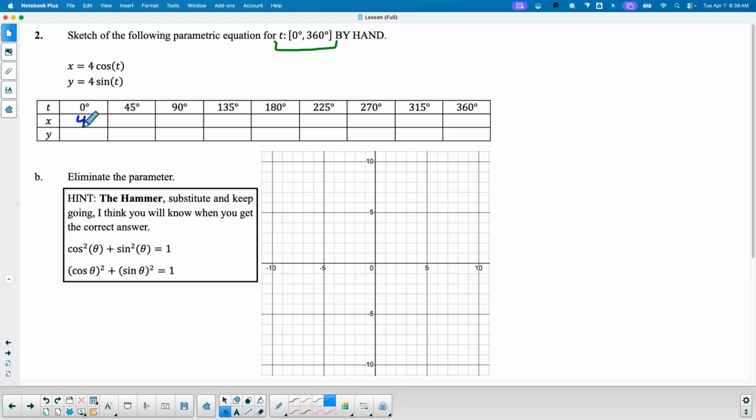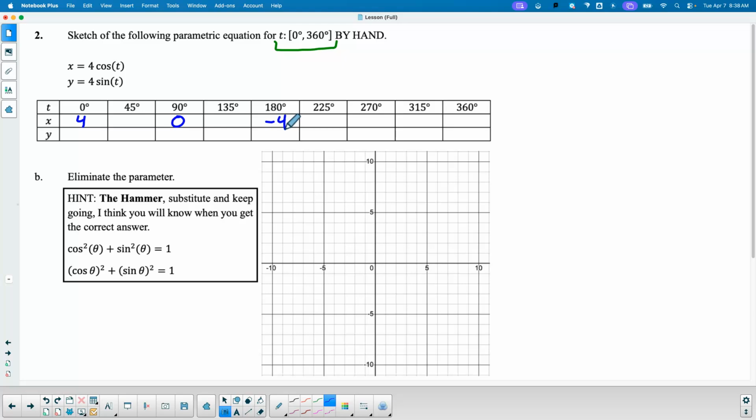At 90, what is the cosine value? 0 times 4, 0. At 180, what is the cosine value? Negative 1 times 4, negative 4.